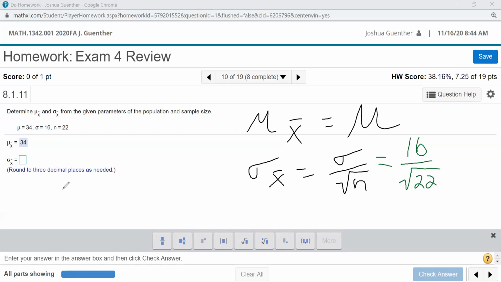You can actually do that all at once in your calculator. If you do 16 divided by, then you hit the square root key, it'll open a parenthesis, hit 22, then close your parenthesis. Your calculator should handle that all in one fell swoop. So your calculator is pretty darn useful for you. If you do the computation and round to 3 decimal places, you get 3.411.